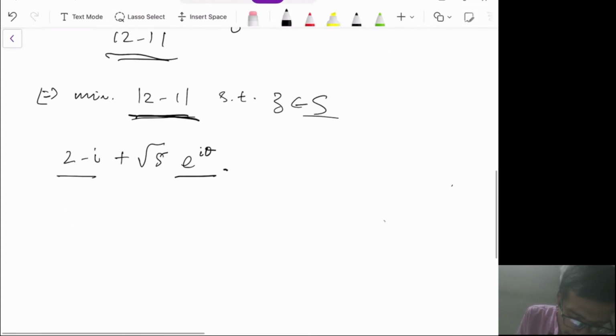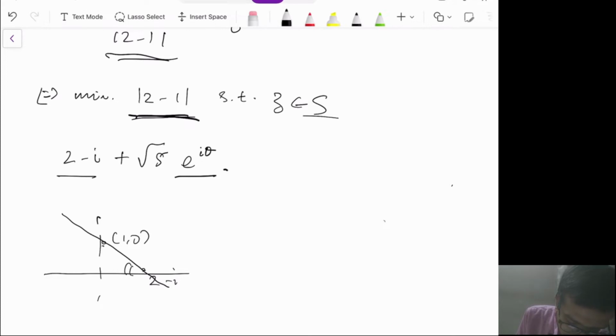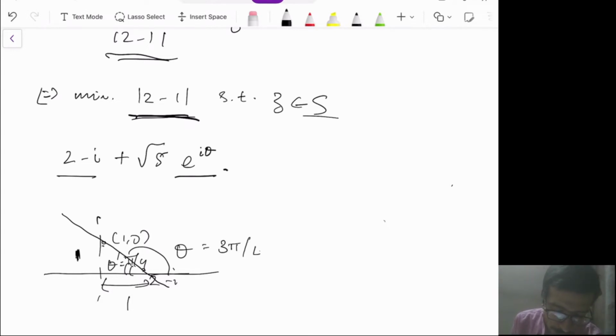So suppose I have this point 2 minus iota and I have this point 1 comma 0. We can find this sort of angle, and you can see that this height is 1 and this distance is also 1, so this theta is going to be pi over 4 over here. So let me call it theta prime, and the value of theta which it makes with the positive x-axis is going to be thrice pi by 4.